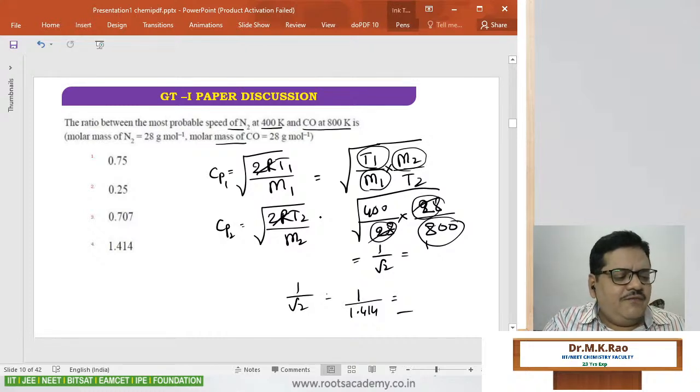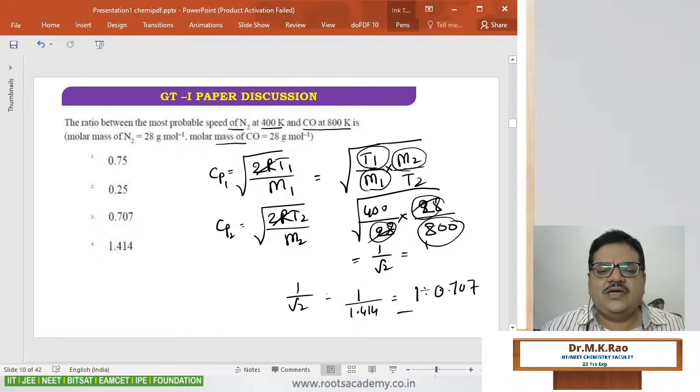Where is the problem? Yeah, correct only. 1 by root 2 is 1:0.707. Correct.